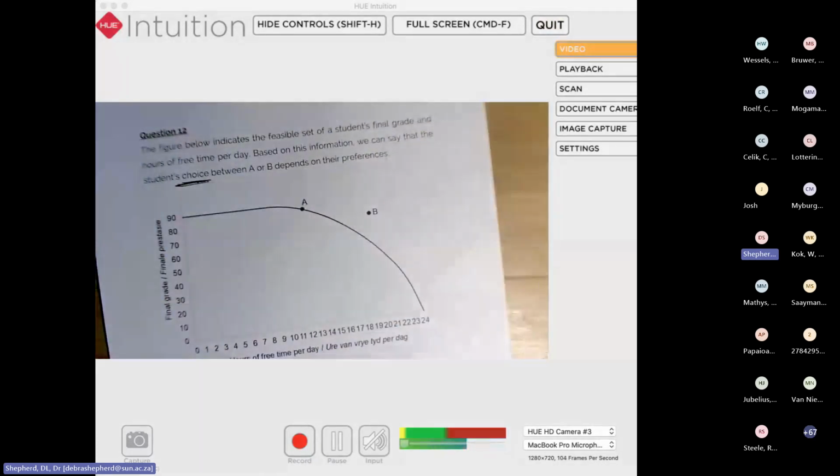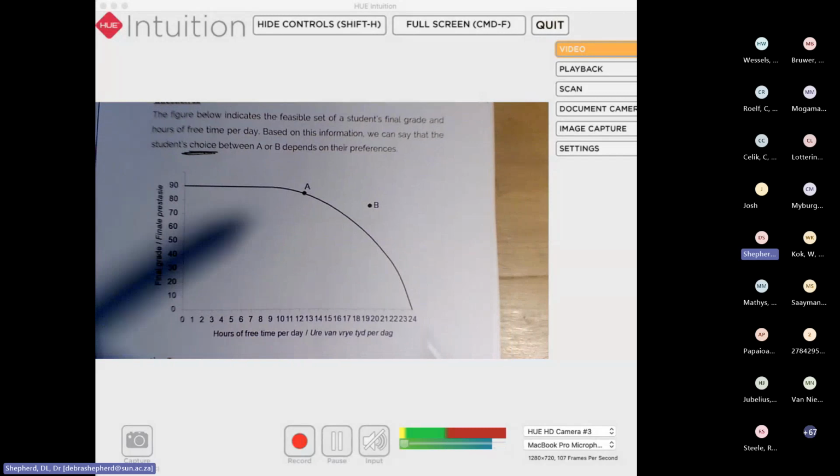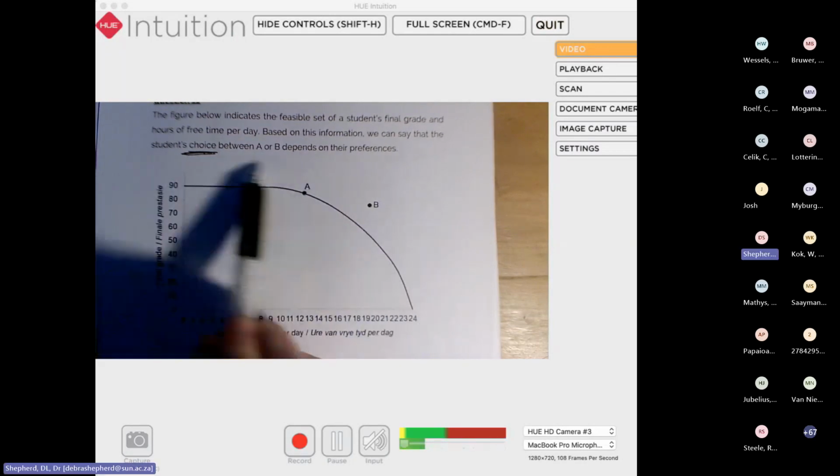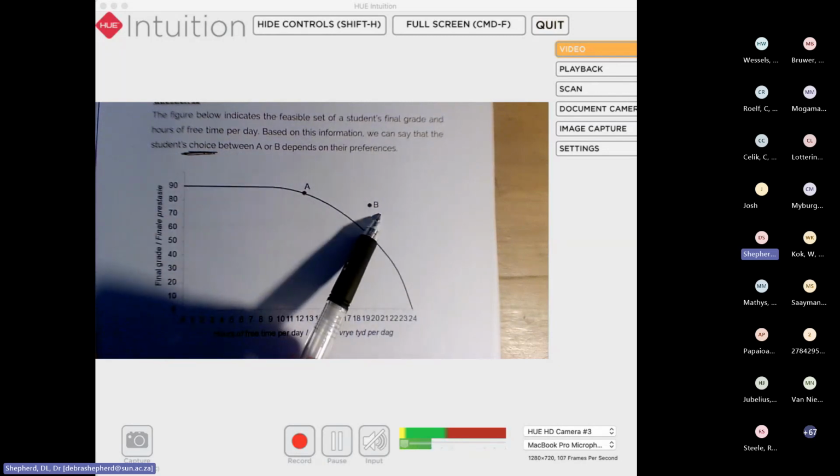And so looking at this picture, is B a choice? B is not a choice. Okay, so for this student, B could never be chosen for the moment, right? I mean, if they had an expansion of their feasible frontier, B could be possible.